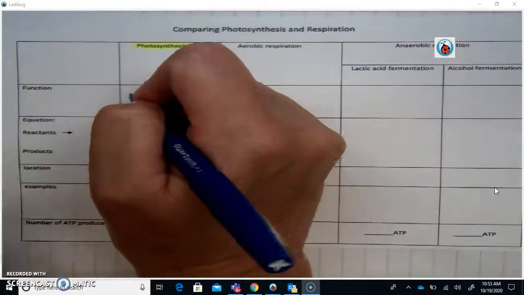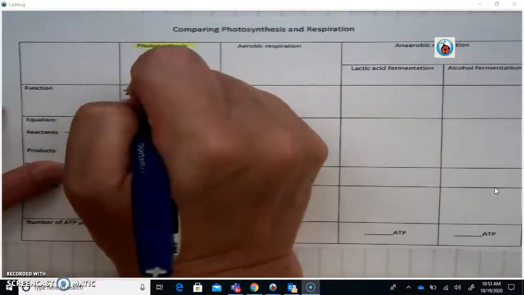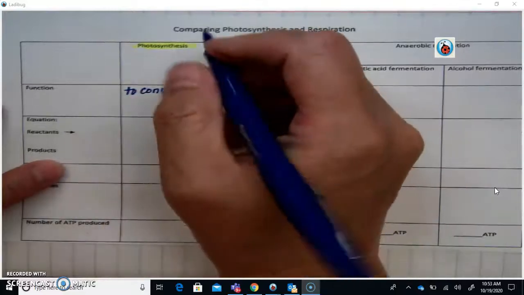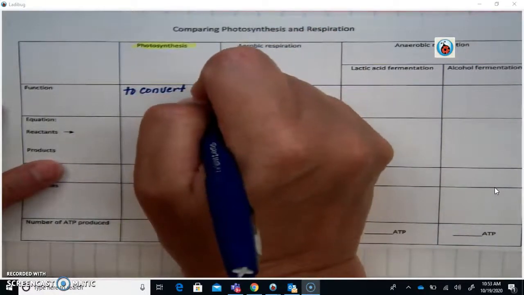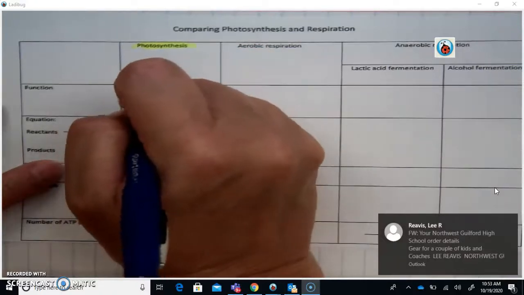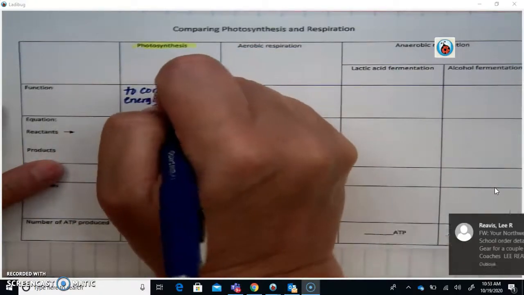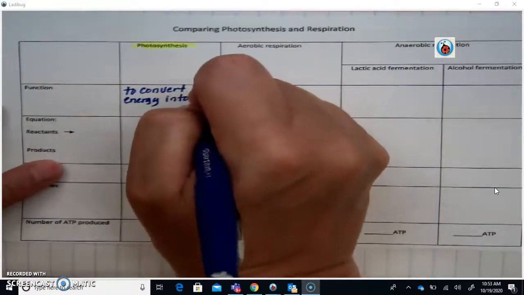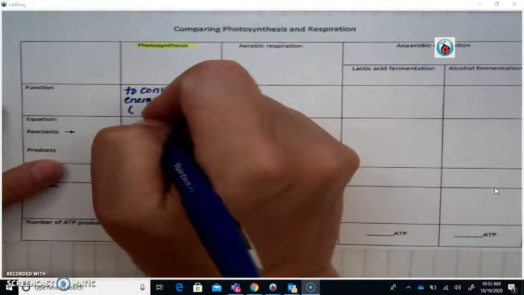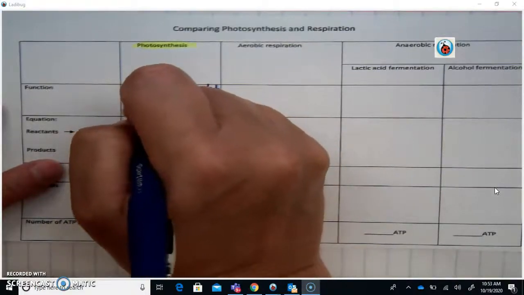So it's an energy conversion. Now there's a couple other ways to say food. It can also be called stored chemical energy.